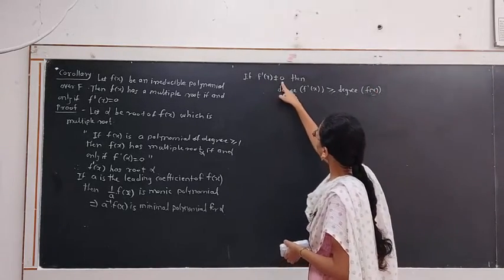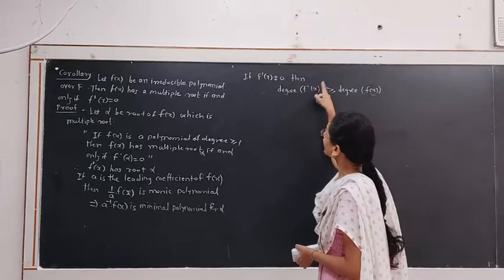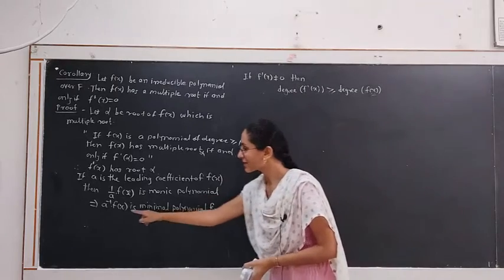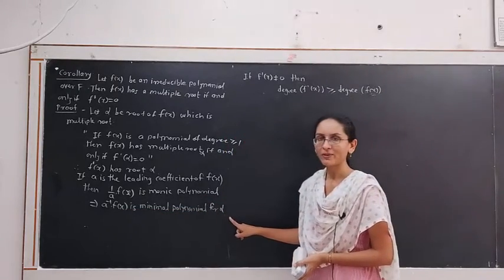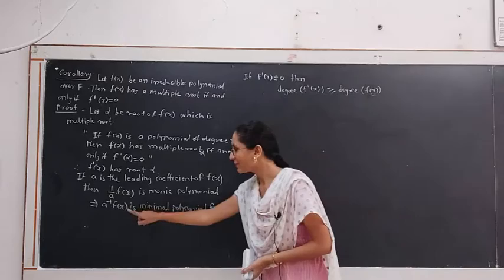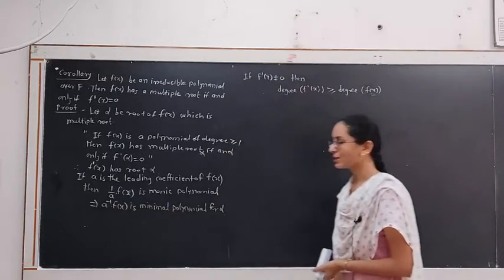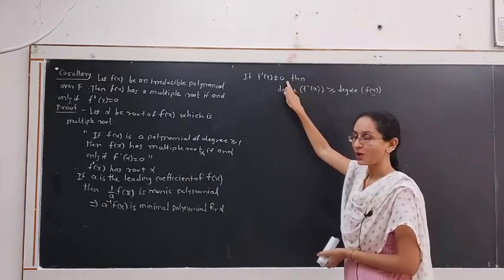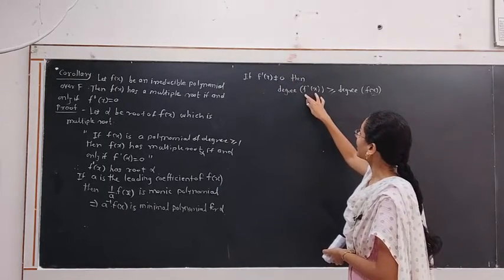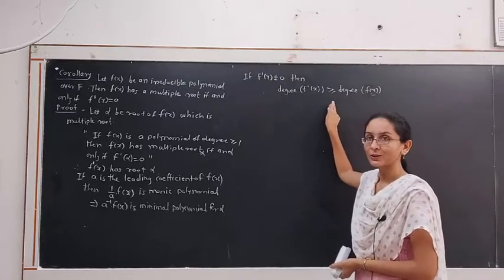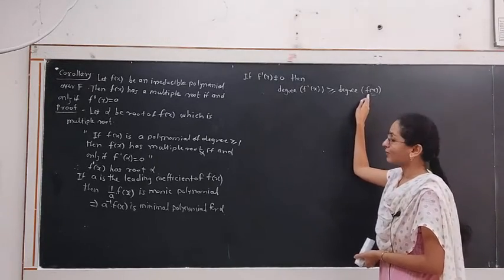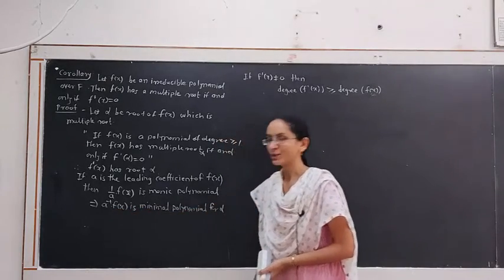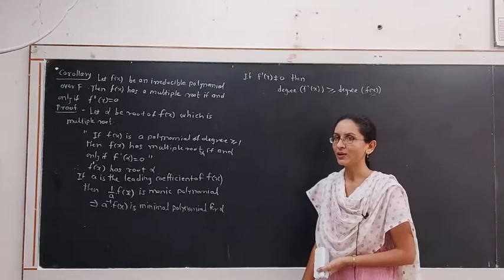If f dash x is not equal to 0, then by minimality of a inverse into f(x), the degree of f dash x will be greater than or equal to the degree of f(x), because of the minimal degree of the polynomial a inverse into f(x), which is the minimal polynomial for alpha.